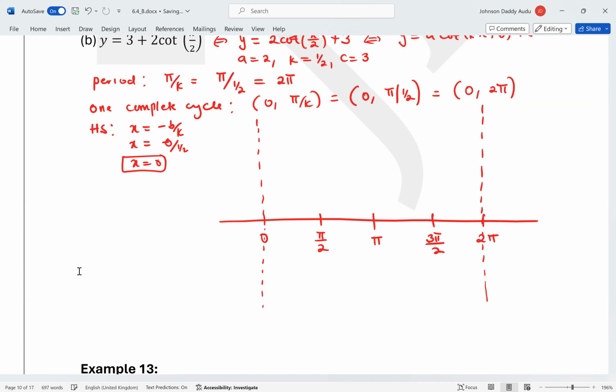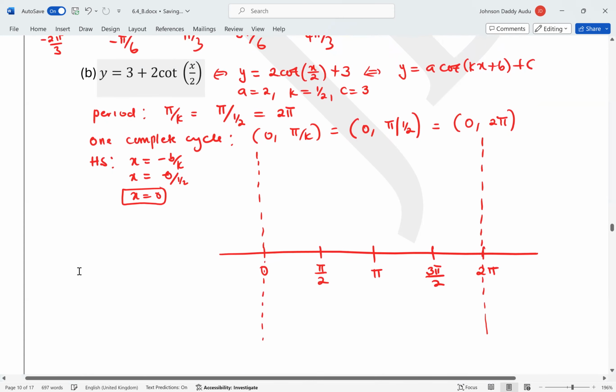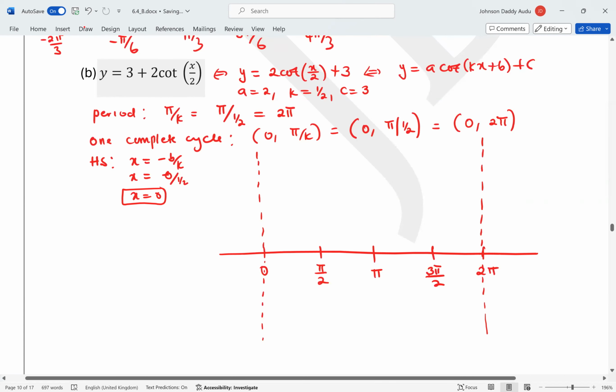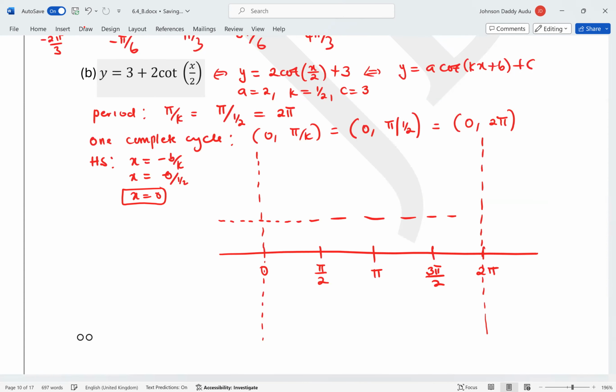But for this question, there is something which we need to talk about, which is the 3. There is a plus 3, so it means that you have to go up. This is like our baseline. So this is the plus 3, and then you have to go 2 because you have a, right?